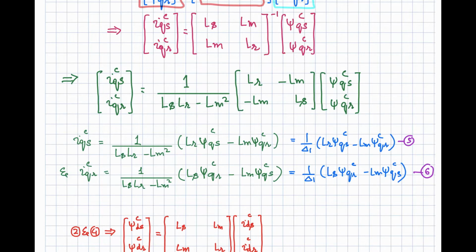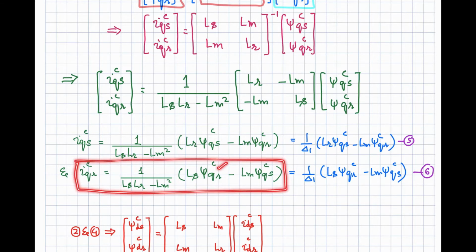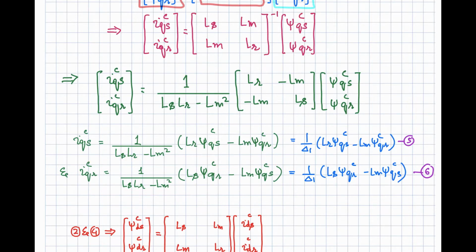Similarly, using the second row, we can expand it for the IQR and we will get this expression for the IQR in terms of phi QR and phi QS. That is the q axis rotor current in terms of the q axis rotor flux linkages and the q axis stator flux linkages. With their help we can find IQR if we know the stator inductance, rotor inductance and the magnetizing inductance. So you can write down this equation like this.